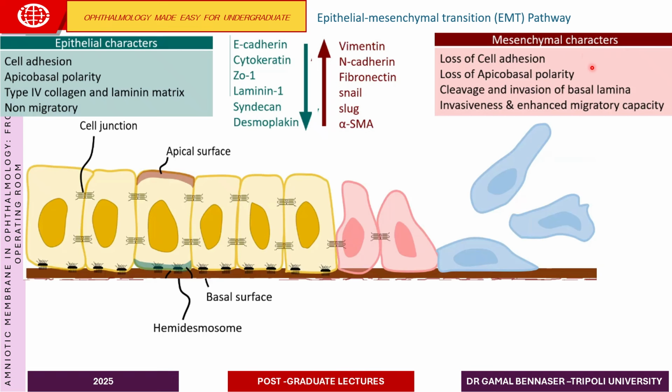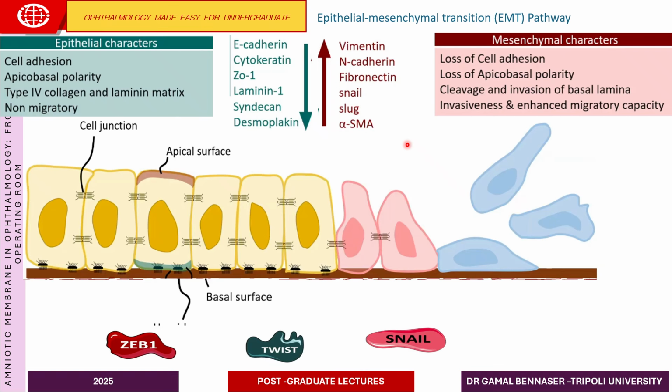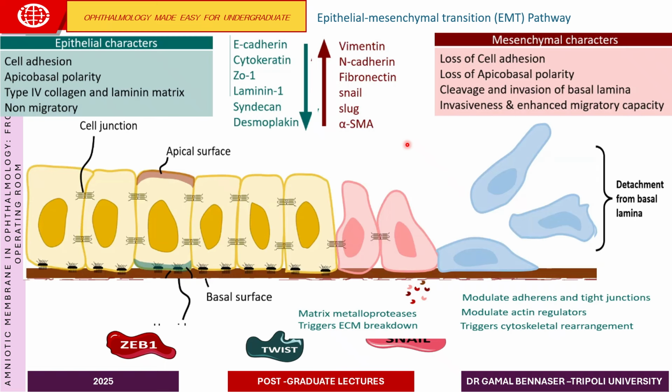When the healing process is finished, it will carry the direction of this pathway into the reverse. In this way, there will be no excessive fibrosis. This is the mechanism by which the amniotic membrane is responsible for the active therapy, that is promotion of healing without fibrosis or with minimum fibrosis. Of course, this process is carried out with the help of a lot of mediators that control this pathway.